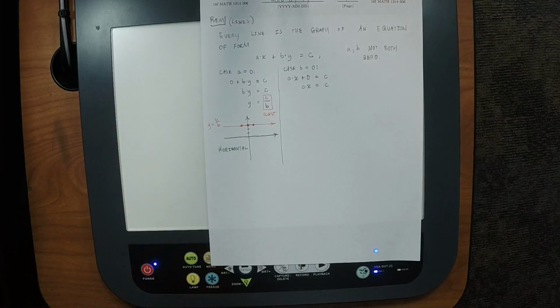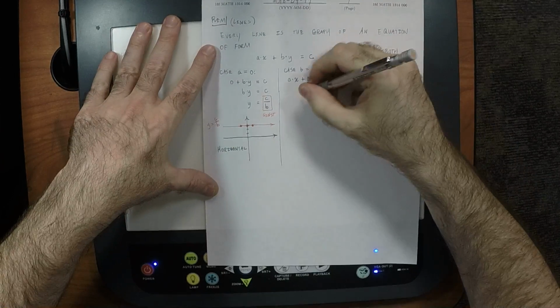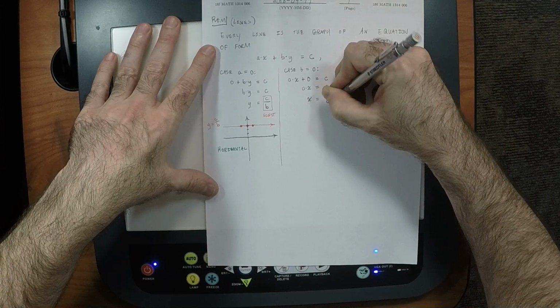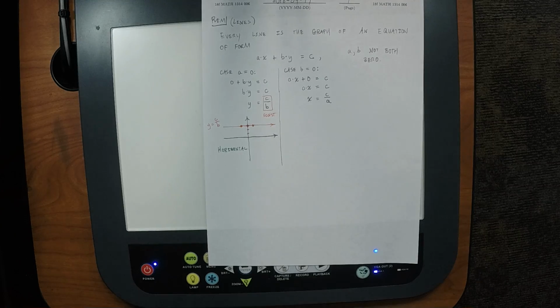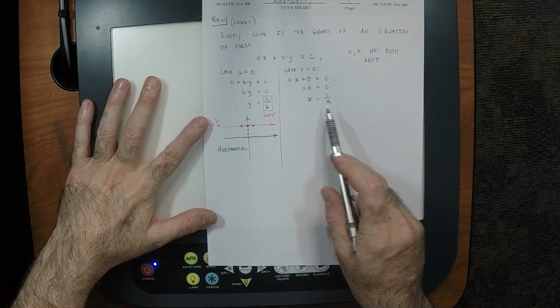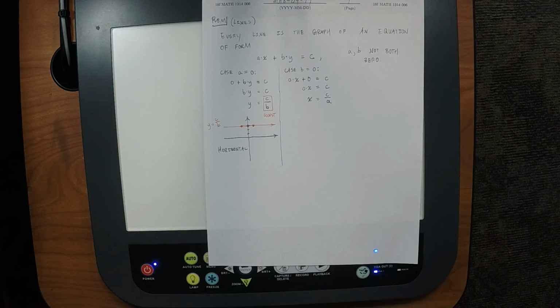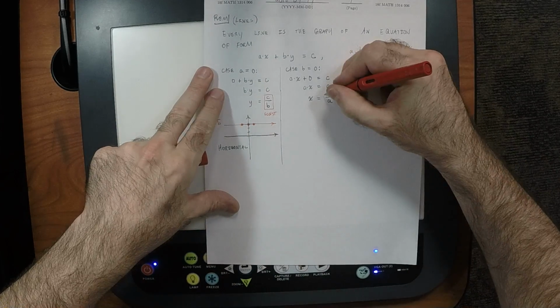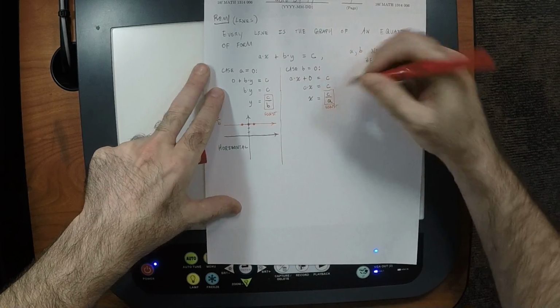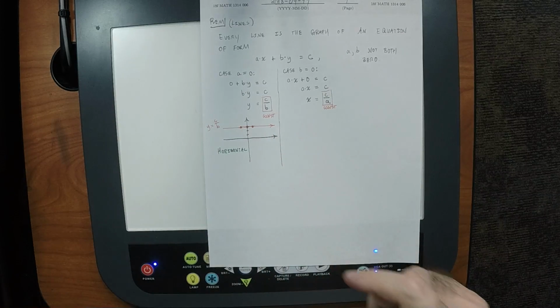And because b is 0, a isn't, which means it's permitted that we can divide by a. So x is c over a. And again, c and a are constants. So this is an equation that looks like x equal a constant. And again, we can plot.